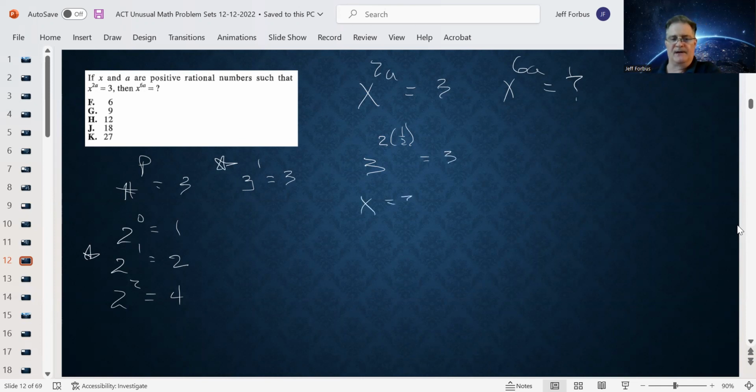X is equal to 3 now, and we know a is equal to 1/2. Apply this knowledge here. So 3 raised to the 6 times 1/2 is equal to what? Well, 6 times 1/2 is 3. So 3 raised to the 3rd power is equal to 27.